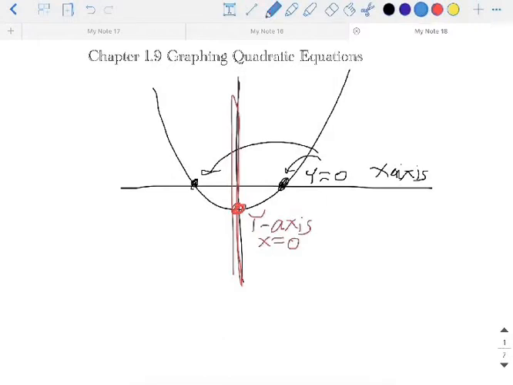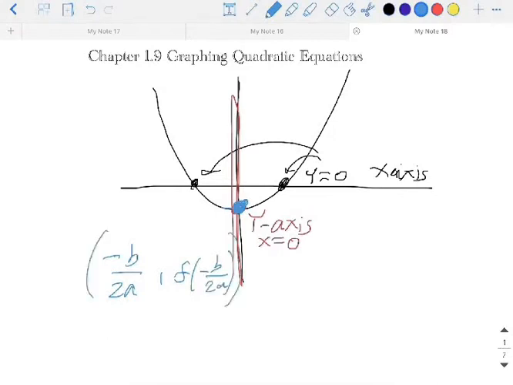A little bit more information about this parabola is that it has a lowest point here. And this can be denoted by the formula negative b over 2a, and then the function of negative b over 2a.